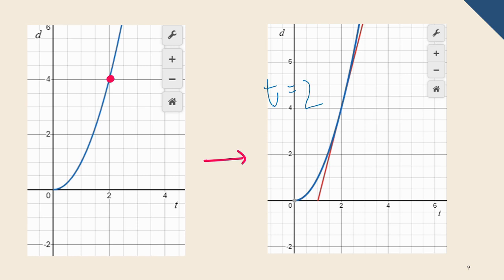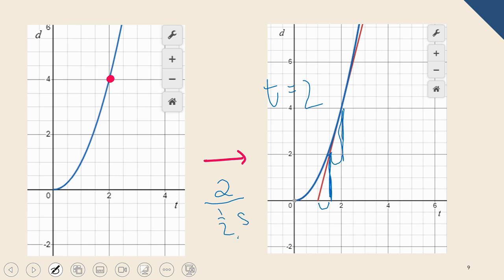So we can see here as the object moves over 1 unit, which in this case is a half of a second, it moves 2 units in displacement. Again, a half of a second, 2 units in displacement. So the change in y is 2 meters over every 1/2 second, which gives you a velocity of 4 meters per second at that exact moment in time.